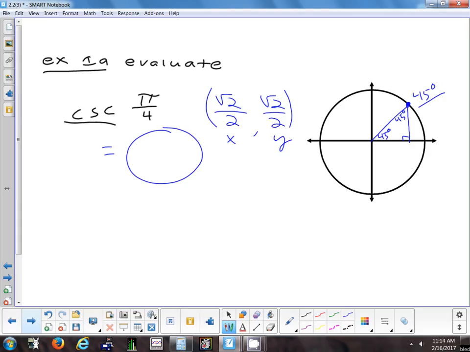Yep, it's just the square root of 2. Okay, and for this problem, that's all they asked for. So we're done. Okay, any questions on the cosecant of pi over 4? Okay, that's a review problem from yesterday.